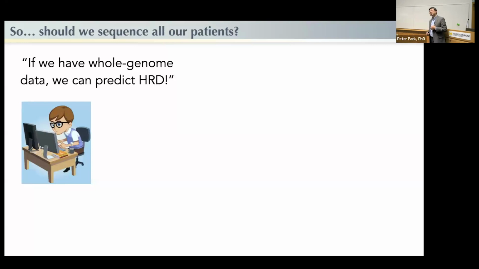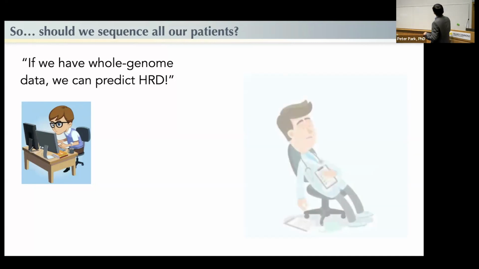Well, why don't they just sequence whole genomes in the clinic? Of course, the reaction that you get is not, wow, that's amazing, your problem is solved, we'll implement it in the clinic, we're done. The reaction is, okay, why? It's not that easy for a clinician to do whole genome sequencing and apply these algorithms, right?